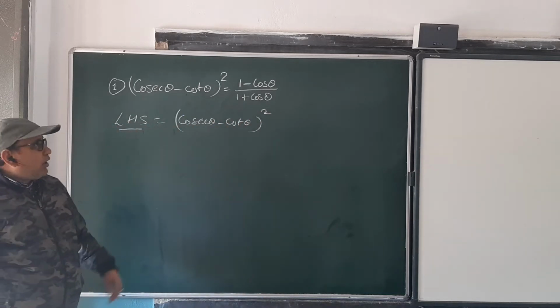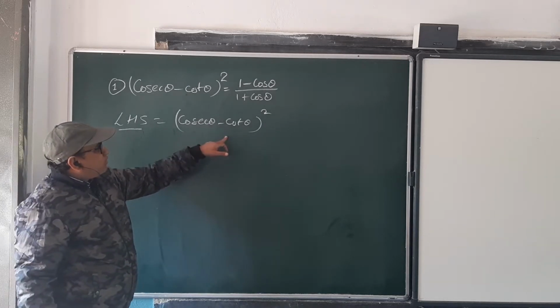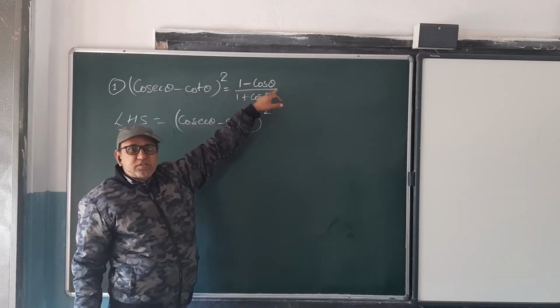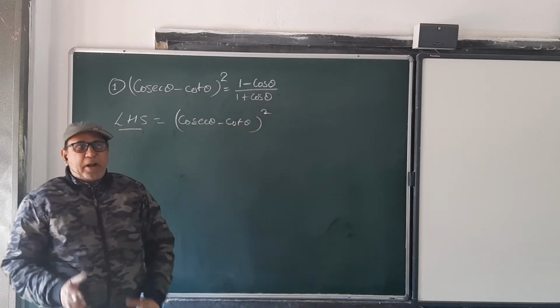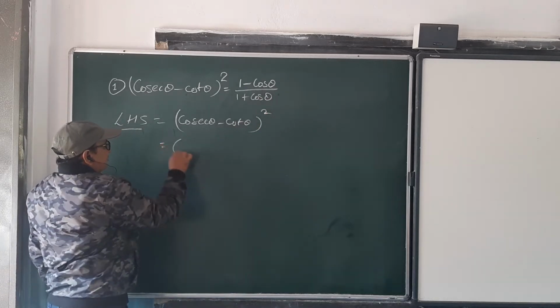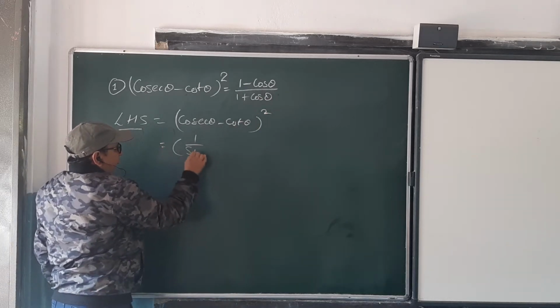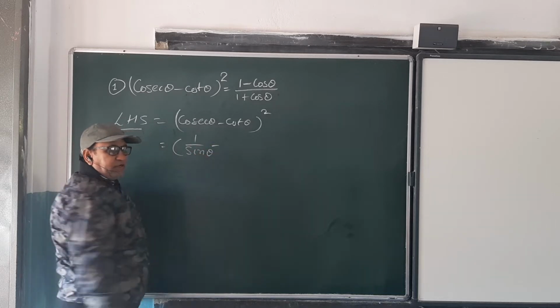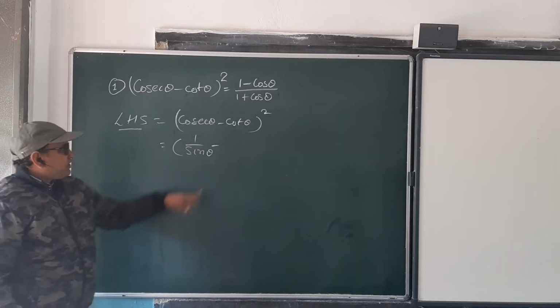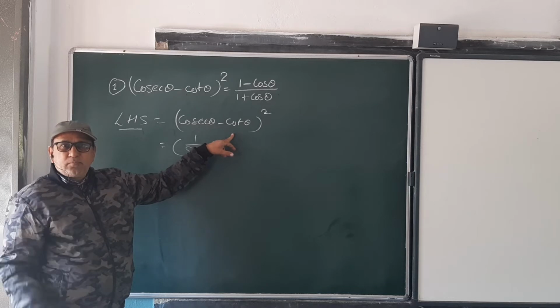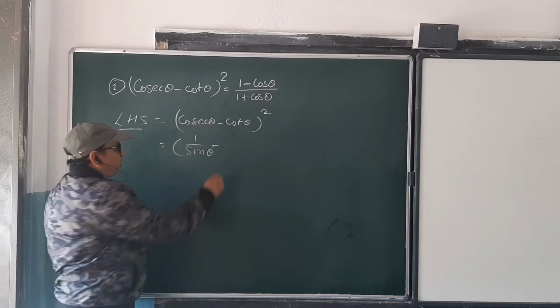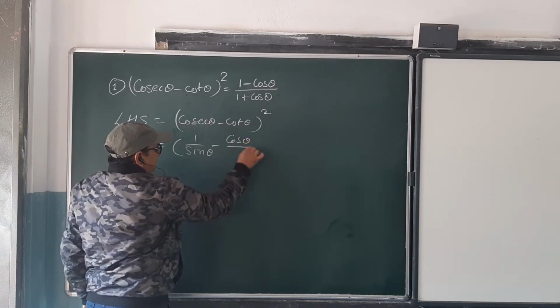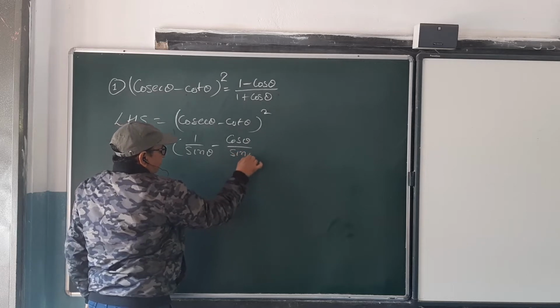Okay? Now as you have seen here, cosec and cot, and we have to change to sin and cos. Right? We use the primary identities: cosec theta means 1 upon sin theta, isn't it? And cot theta equals cos theta upon sin theta. Yes, all of you are correct.